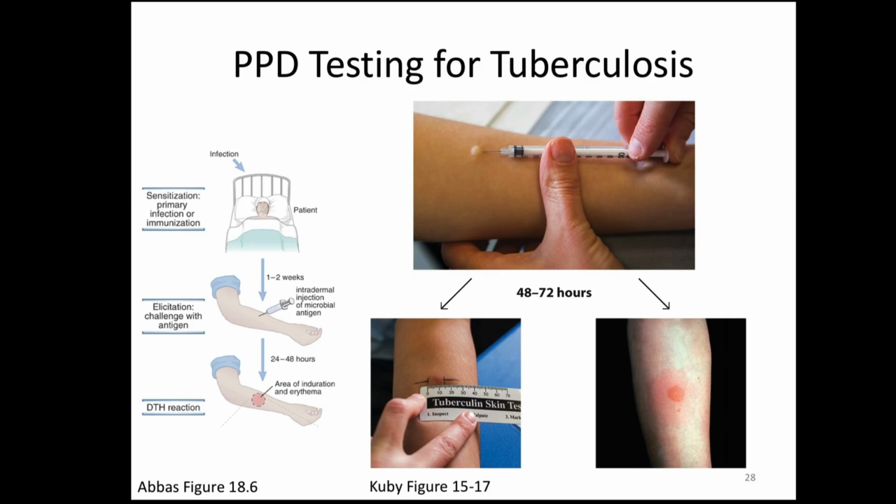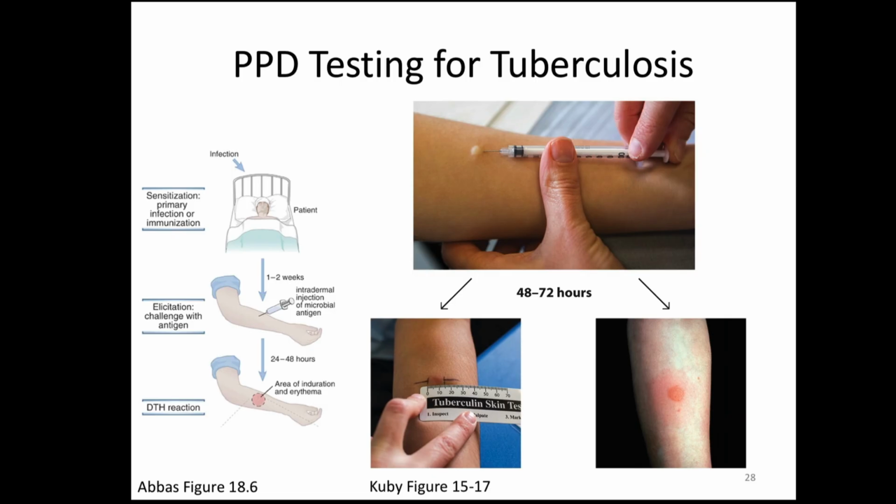And so you putting the antigen under your skin is going to do nothing. If, however, you are infected with this bacteria, you're going to get a Th1 response in that spot in your skin. You're going to get a little bump. And it's going to happen in about 2 days.